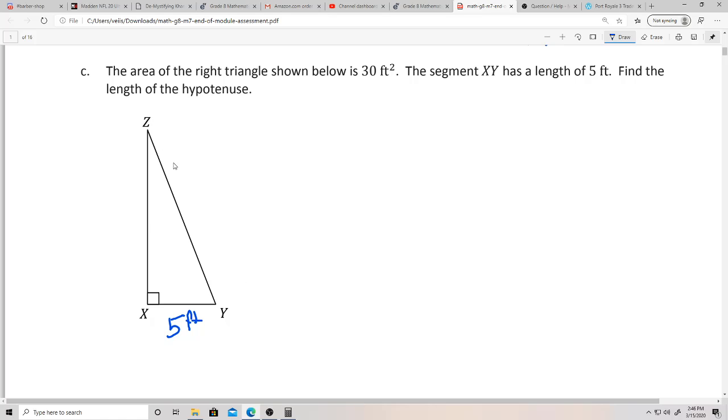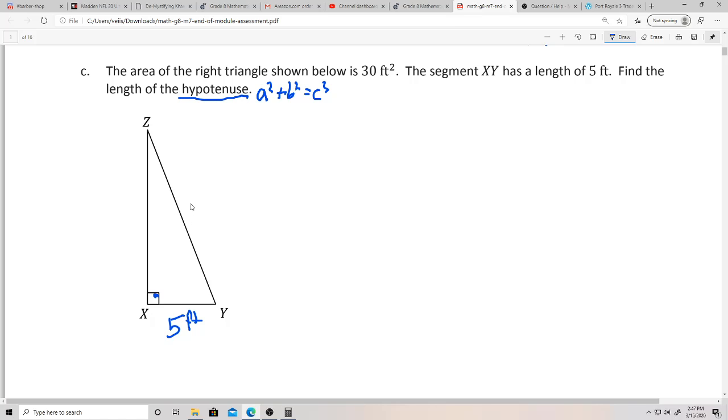Great. So what they did here, again, we're not dummies. We know that a 90-degree angle is going to be dealing with Pythagoras, especially when they tell us to find the hypotenuse.